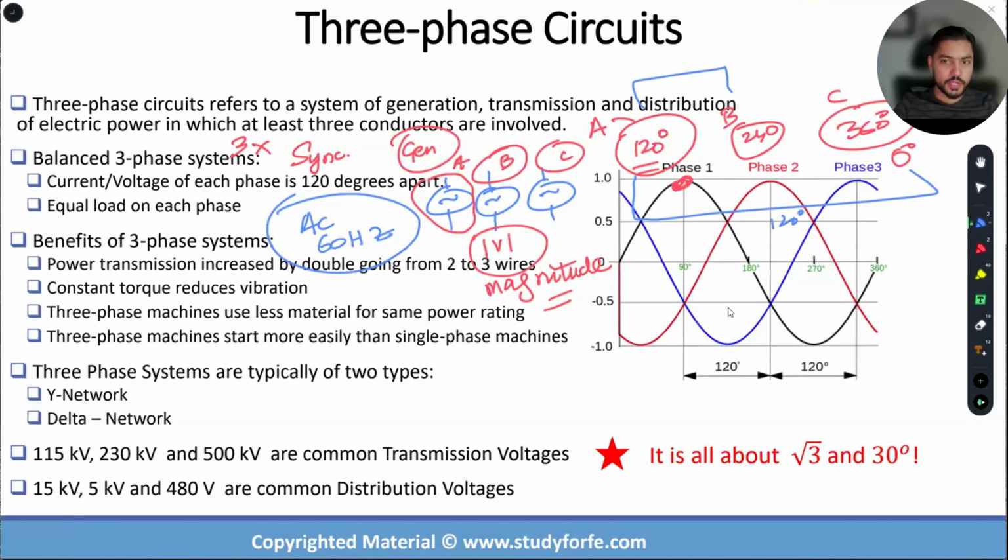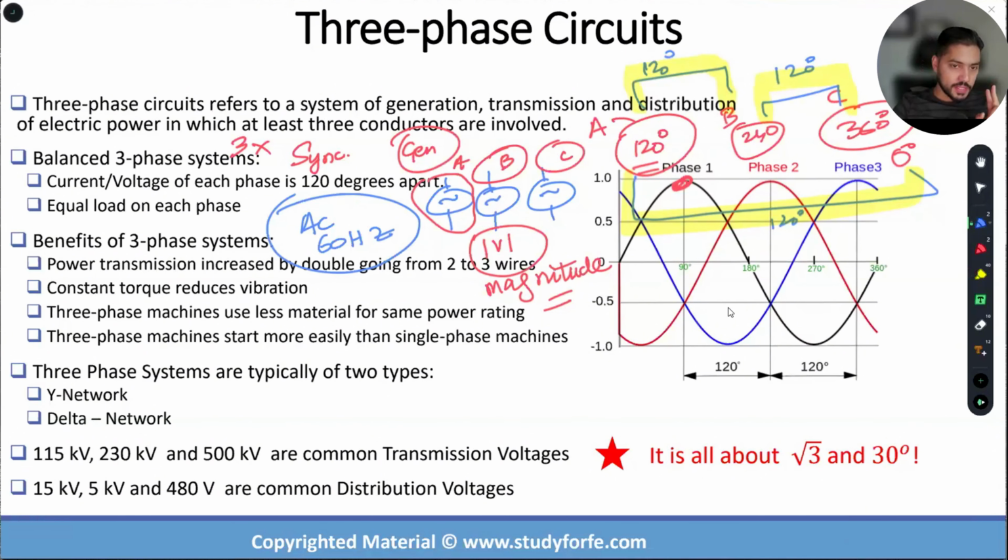These two, 120 and 240, are 120 apart, and then obviously 240 and 360 are also 120. So notice how any pair of these 3 generators in angular domain is always 120 degrees apart. Okay, clear? These are the only 2 conditions.